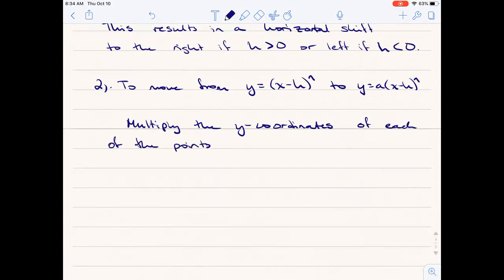Again, just keeping an eye on usually three key points can tell us what our graphs look like.